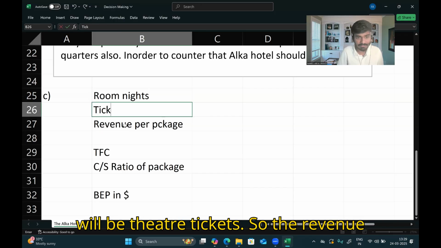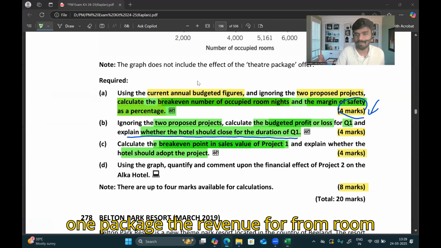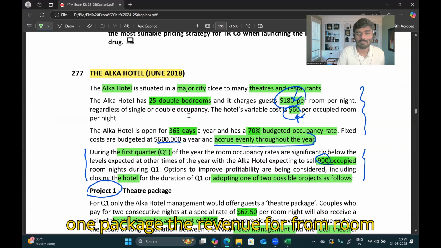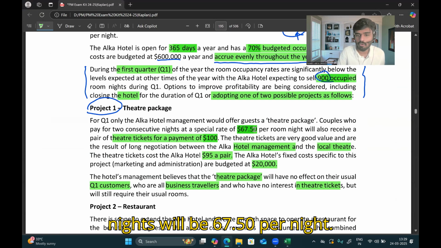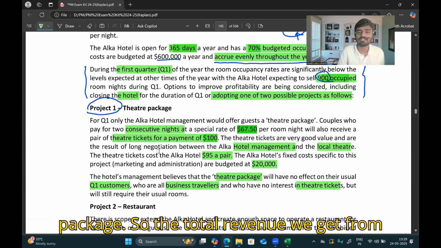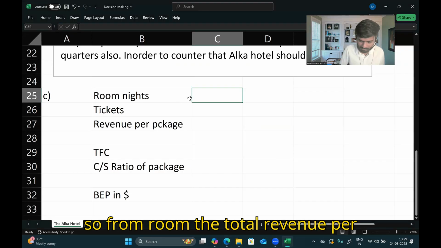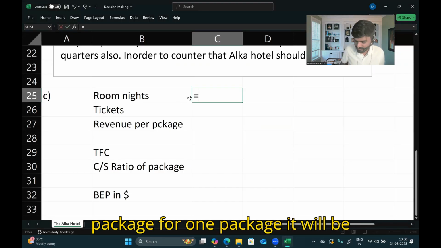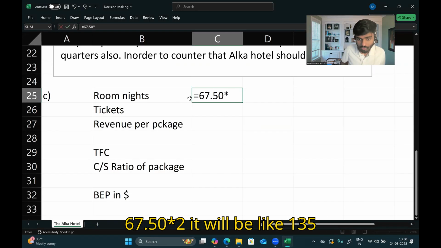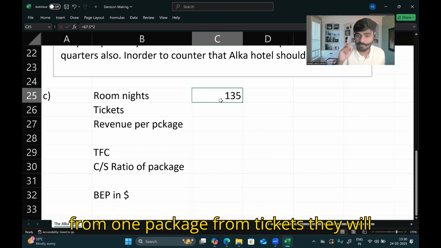The revenue from room nights for one package will be 67.50 per night, and they need 2 consecutive nights to get the package. So the total revenue from room nights for one package will be 67.50 into 2, which is 135.